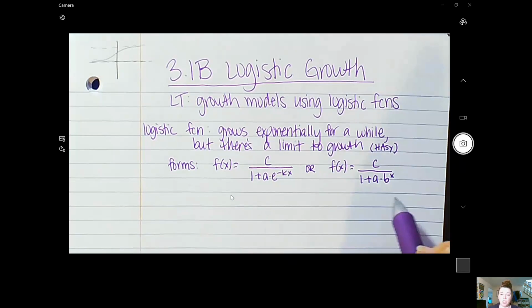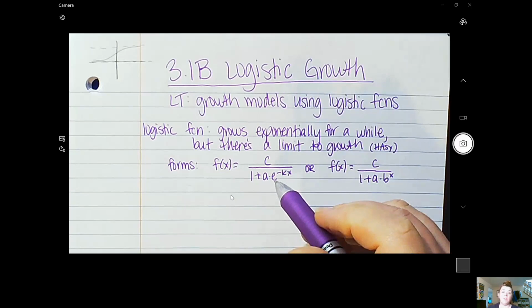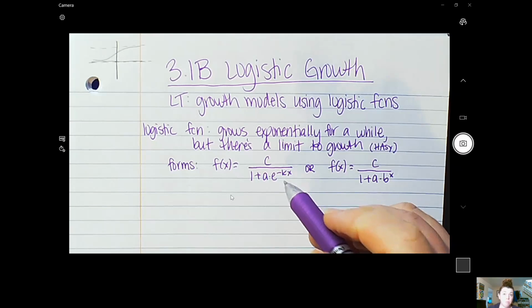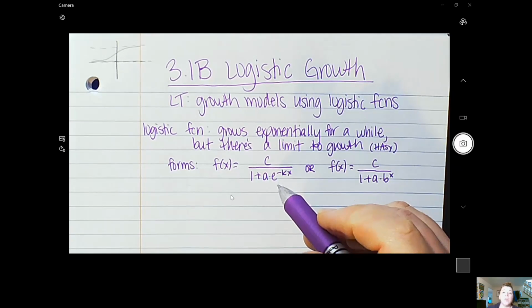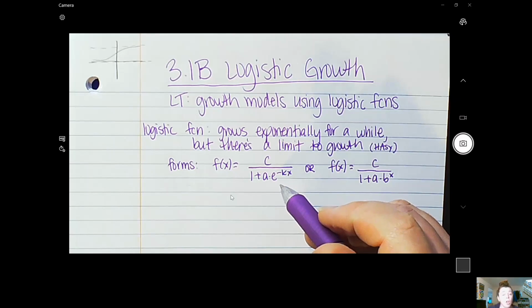So some of them just use any old base, b, and some of them specifically use the base e. This one is the one that we'll see more often with the base of e. It's the one that we're going to make our calculators use. You're going to see it more because, again, Euler's number e occurs really often in real life.